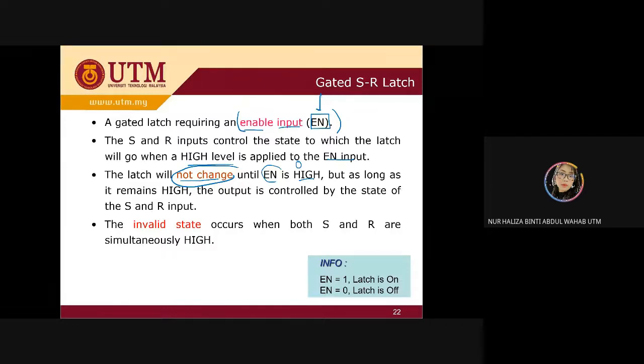And there is one more thing, which is the invalid state that occurs when S and R are simultaneously high, similar to before. If you still remember, SR both active high is going to be invalid. EN 1, latch is on; EN 0, latch is off.